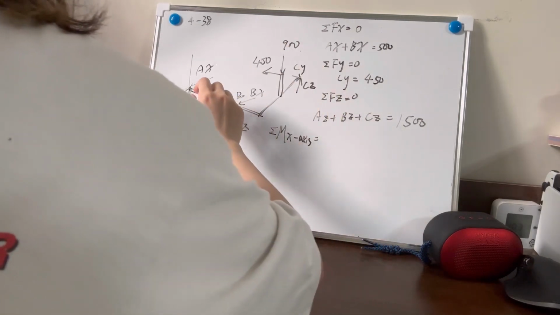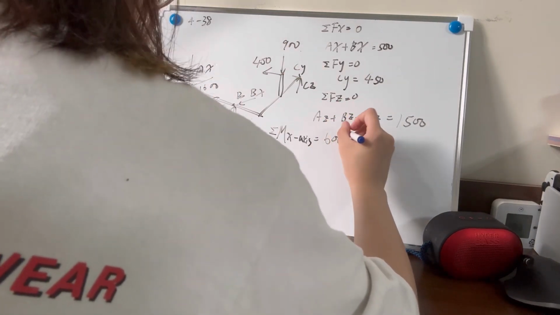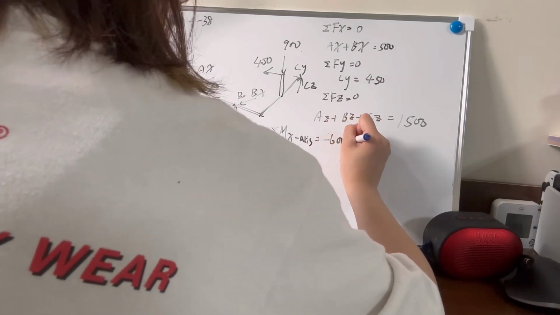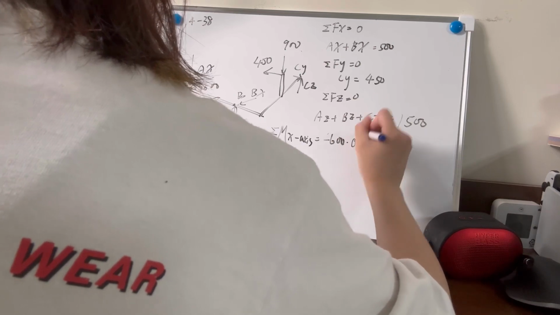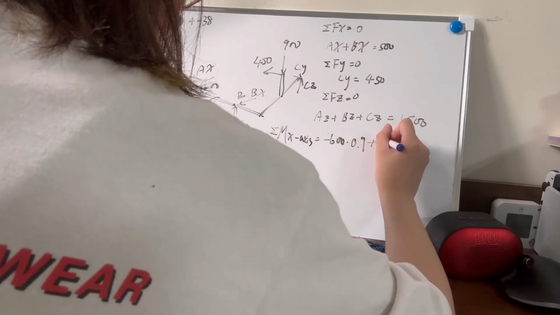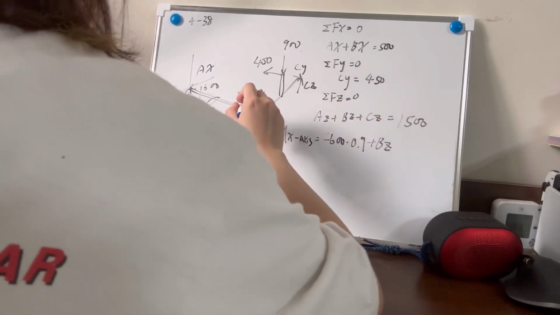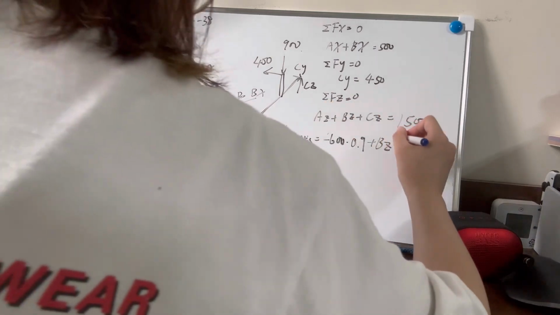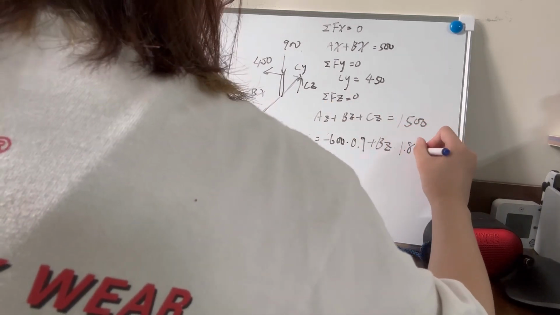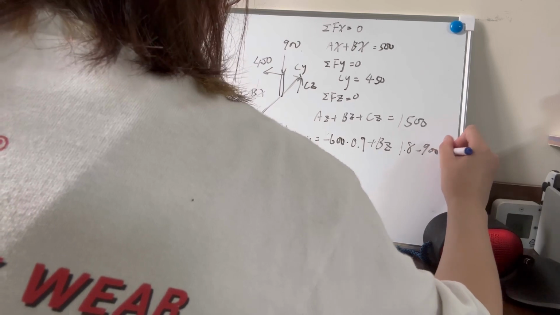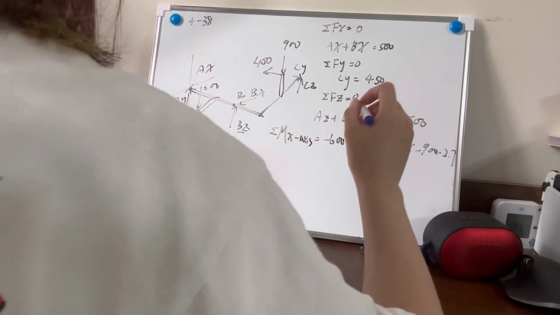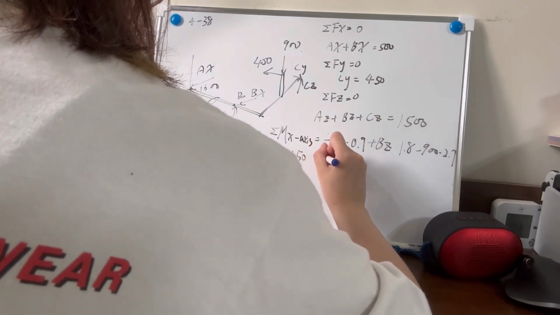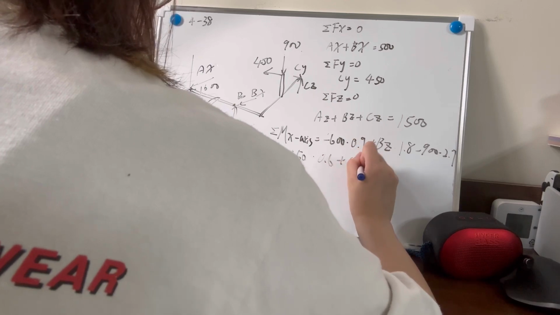So here 600 has to be times the distance 0.9, and the Bz here times the distance from the Bz to the x-axis 1.8, and minus 900 times 0.7, and plus Cz.